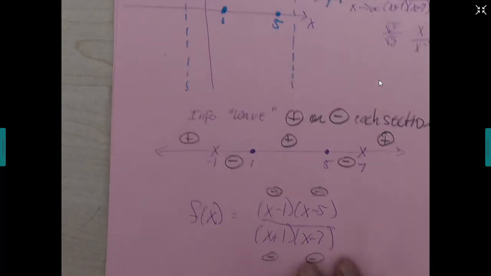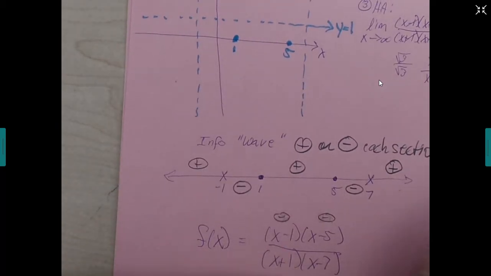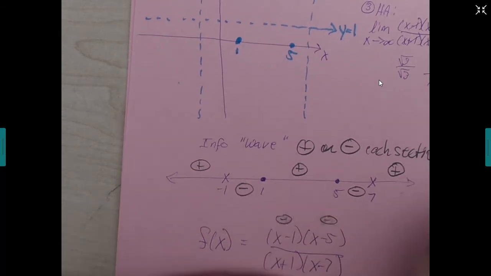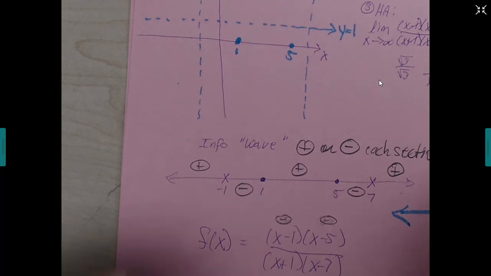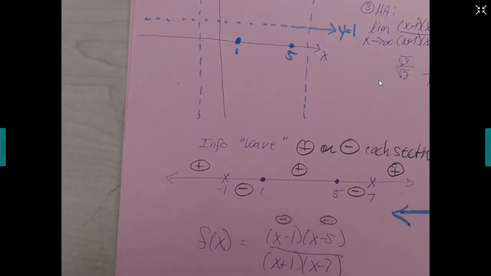All right. So now we've got this number line, this info wave. So we're going to read everything. Remember, we worked it out from this direction. So we're going to work from left to right. Right to left, excuse me.